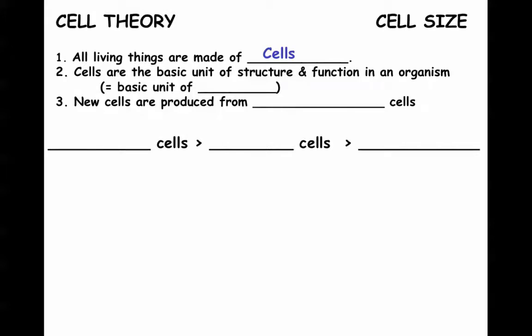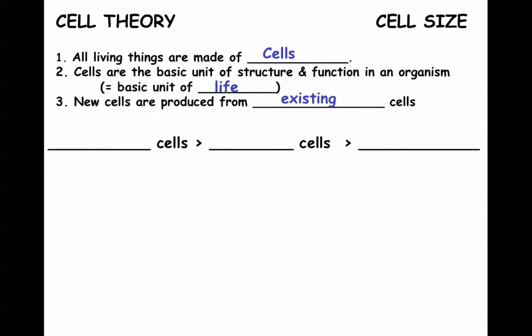So when we say it's the basic unit, we just mean it's the basic unit of life. The last part of the cell theory is that all cells are produced from existing cells. So a cell just can't appear out of nowhere. It's going to be produced from another cell. That's via asexual reproduction, where a cell will just divide itself, or via sexual reproduction, where 2 cells come together to make one.